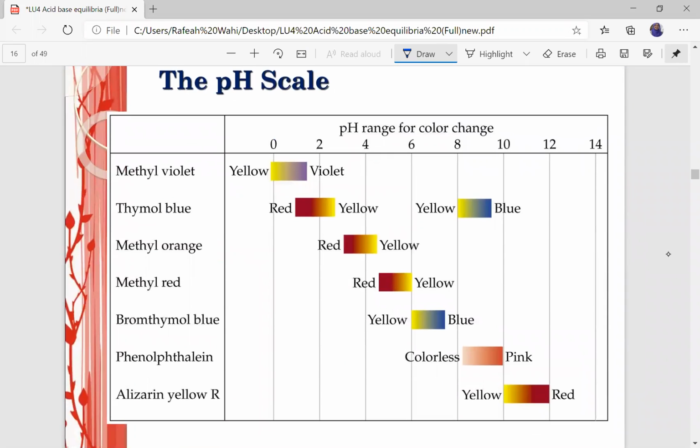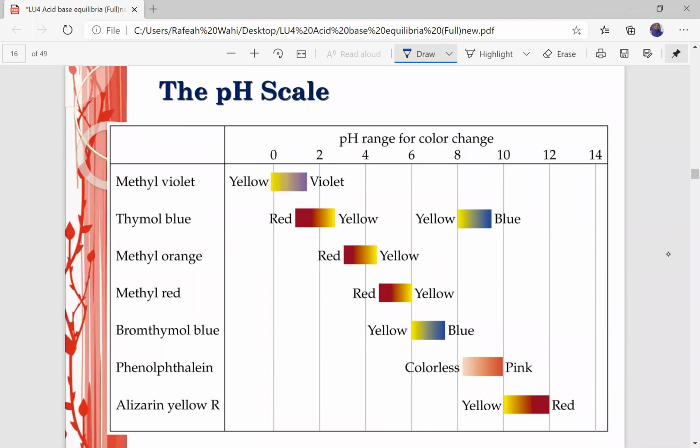So this is the pH scale. This diagram is showing you the pH range for color change for several types of indicator. So if you look at the table here, different indicators have different ranges of pH in which they change color.